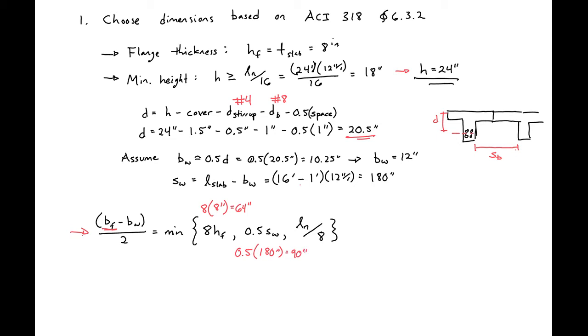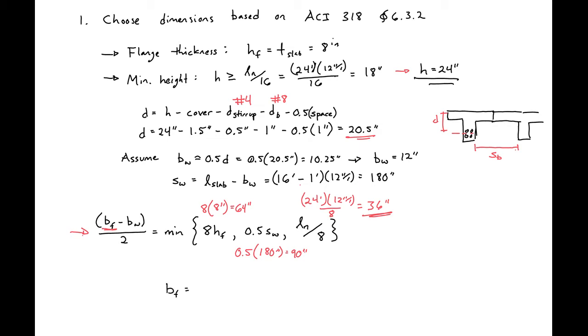And then our ln over 8 is 24 feet times 12 inches per foot over 8, and this is going to be equal to 36 inches. So 36 inches is our minimum, so that's what we'll use to find our bf.